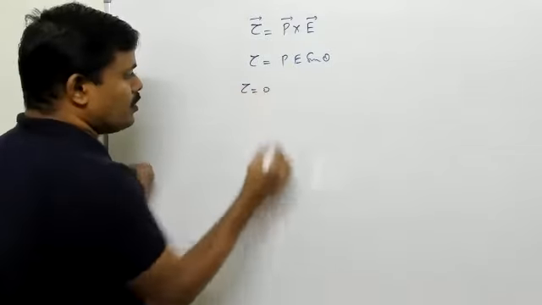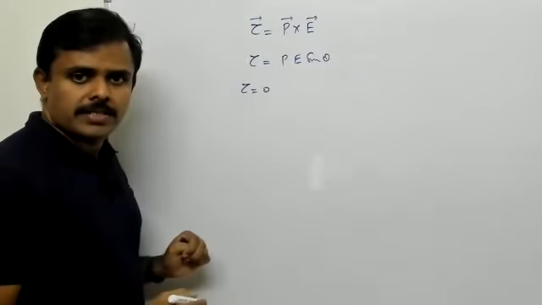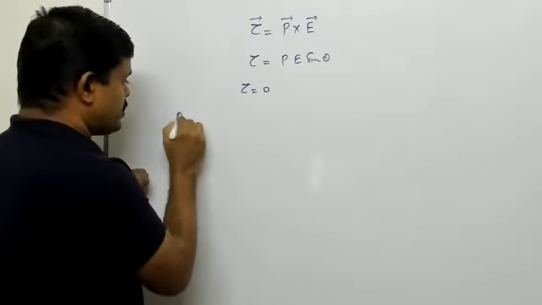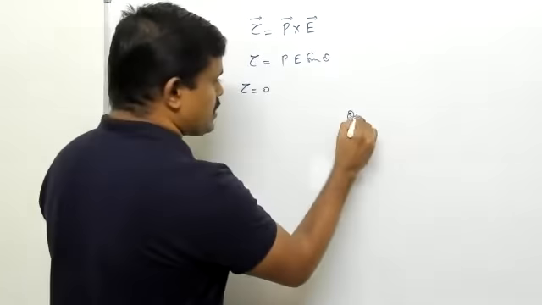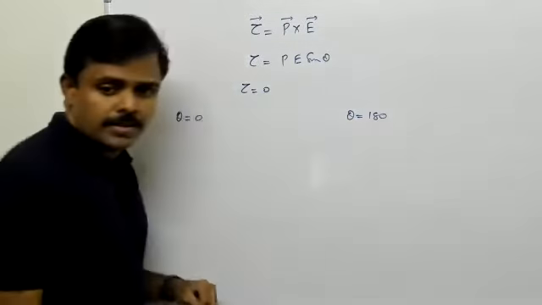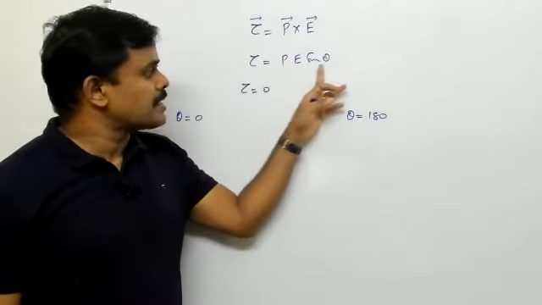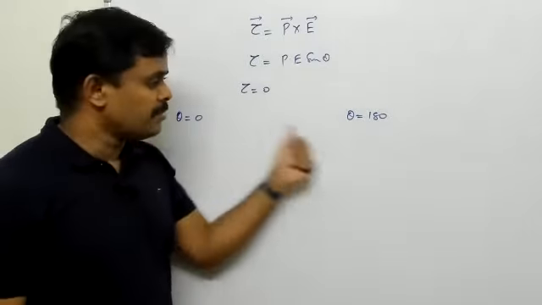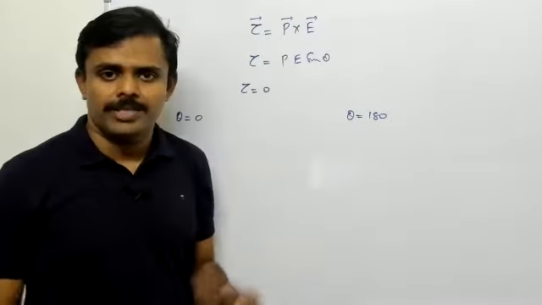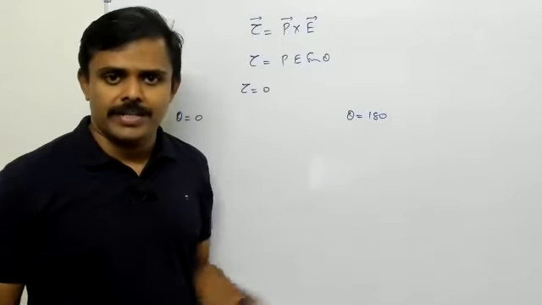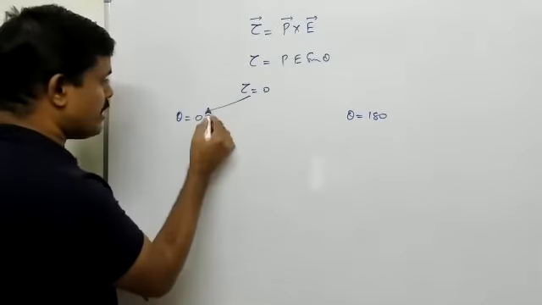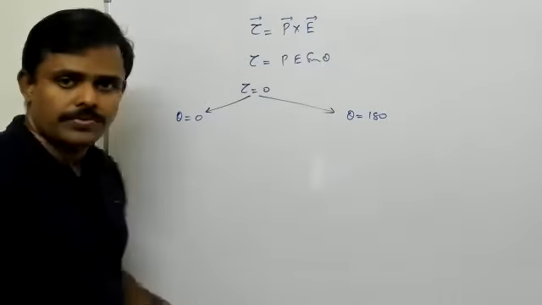Torque is zero under two conditions: when theta is equal to 0 or theta is equal to 180. Then tau is equal to 0, because PE sine 0 is 0 and PE sine 180 is 0. So there are two cases under which torque is equal to 0.